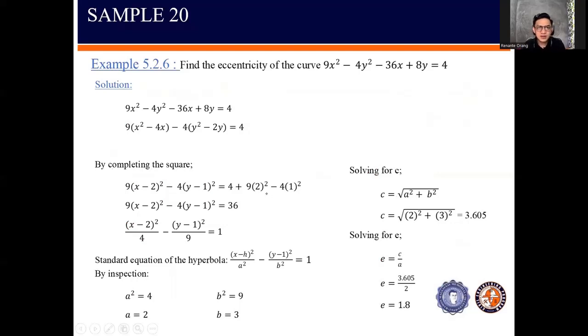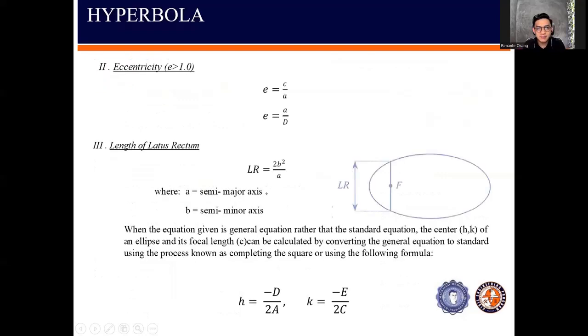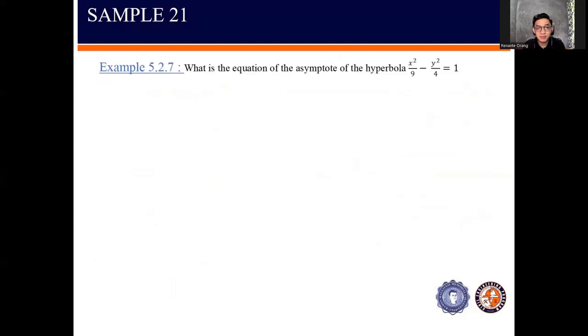Ayan, so let's proceed with our second problem. We have 3 problems for our hyperbola. So eto medyo madali lang siya kasi naka-standard form na siya. We don't need to use our completing the square. Ang hinahanap kasi dito, class, is what is the equation of our asymptote.